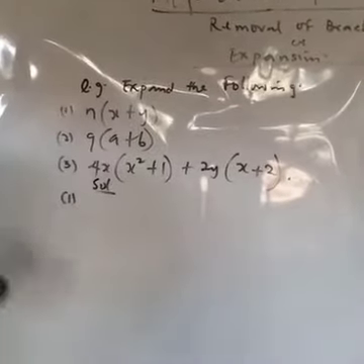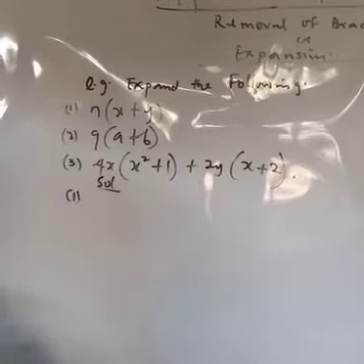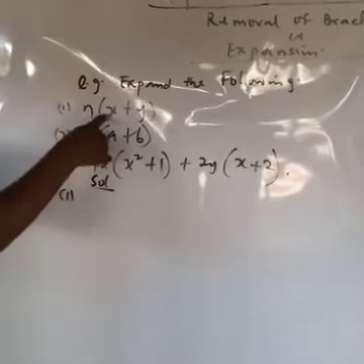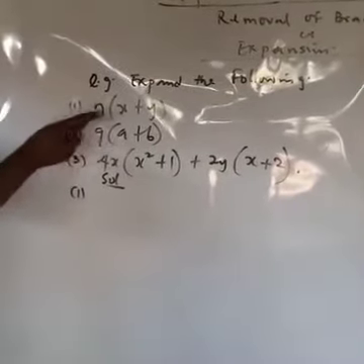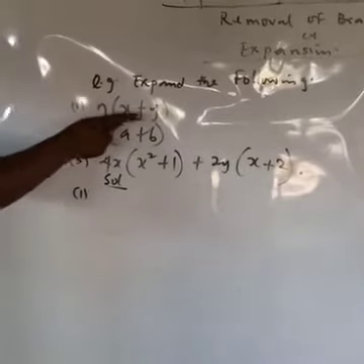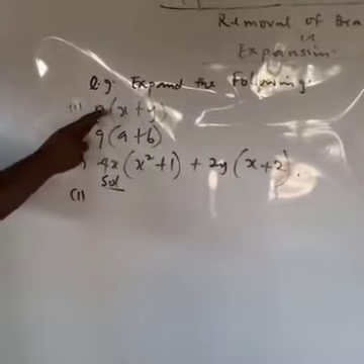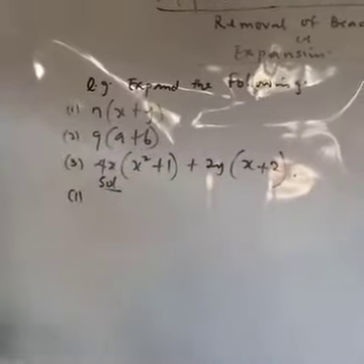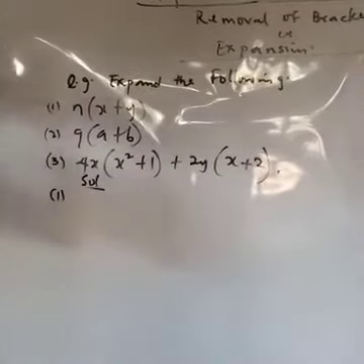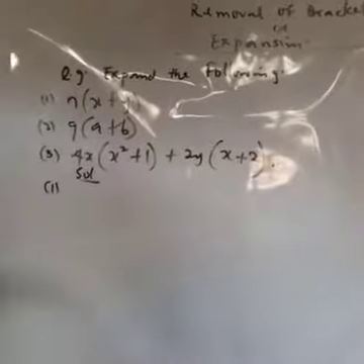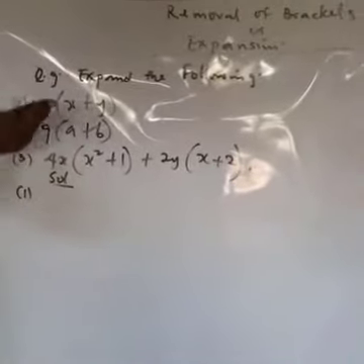All you need to do is just distribute what you have outside the bracket on each term inside the bracket. That is, you use n to multiply x. You use n to multiply y. So after doing that, you remove this bracket or expand this particular expression.